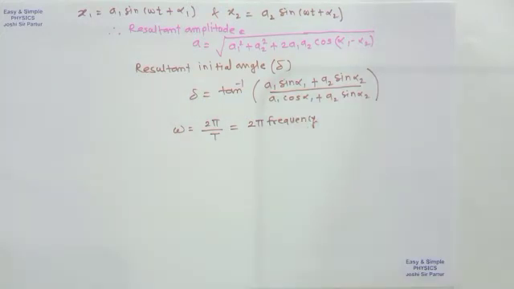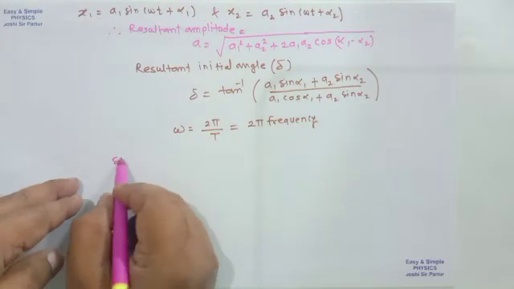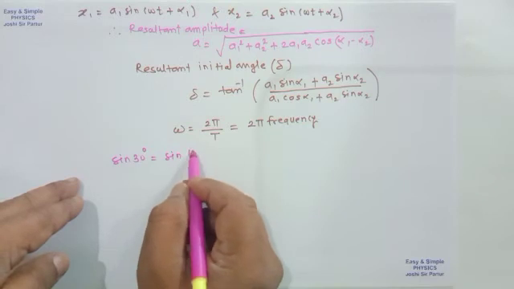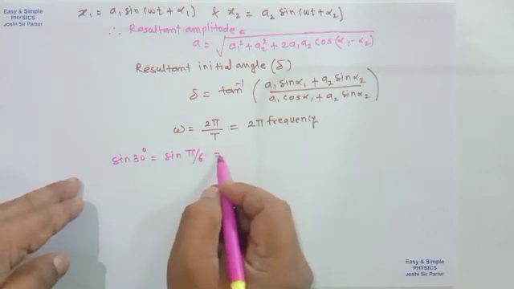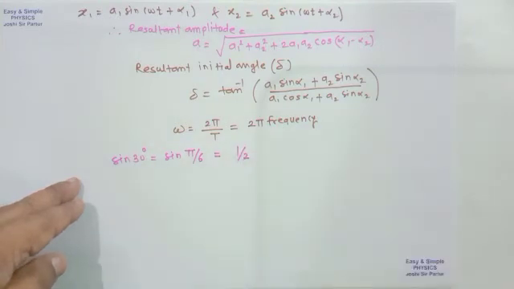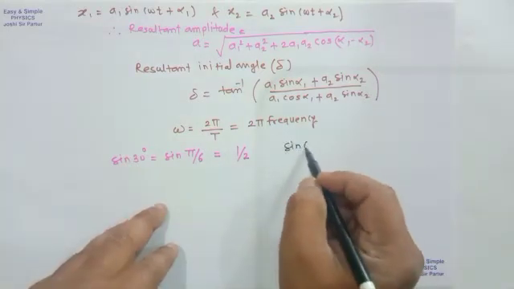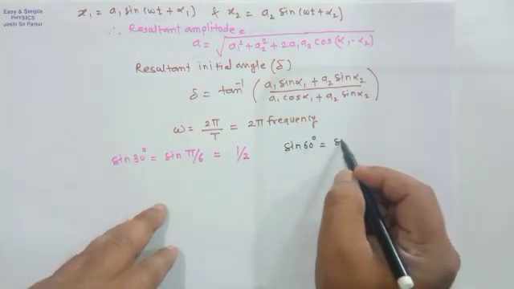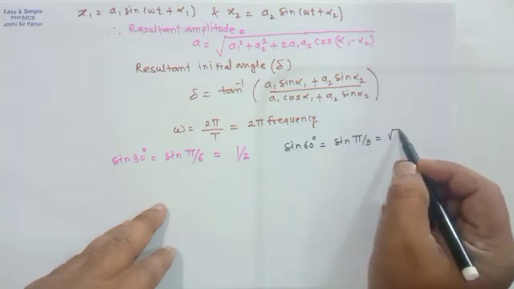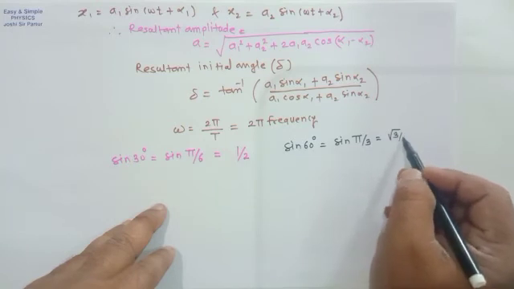Again, if we look at the angles, suppose sine 30 means sine of pi upon 6, it has the value 1 upon 2. Similarly, sine 60 degree, sine of pi upon 3, has the value square root of 3 upon 2.